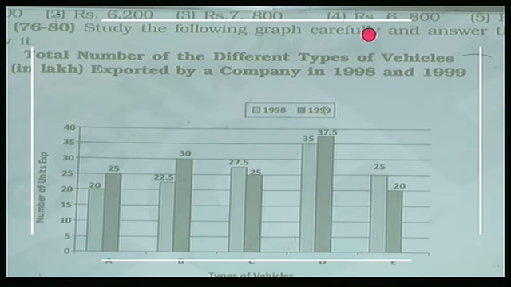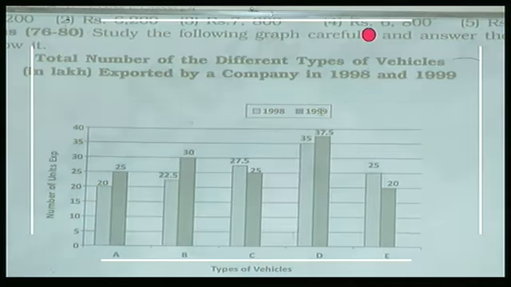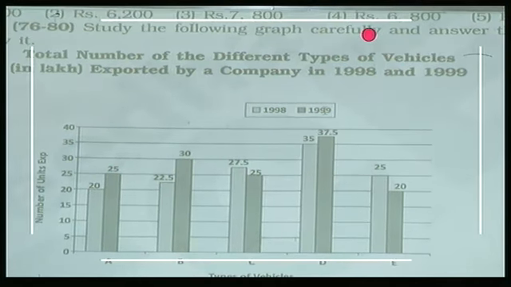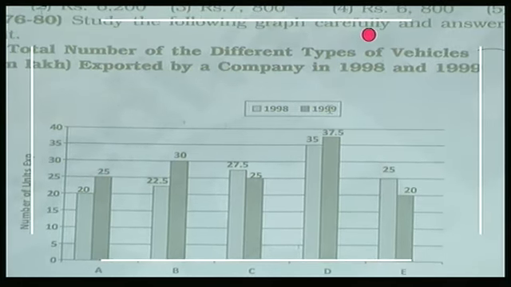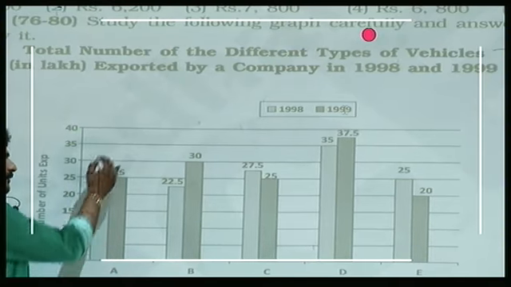Question 77. The percentage change, increase or decrease, in the number of vehicles exported from 98 to 99 is minimum in the case of which of the following types of vehicles? Minimum. How much is the difference here? 5.